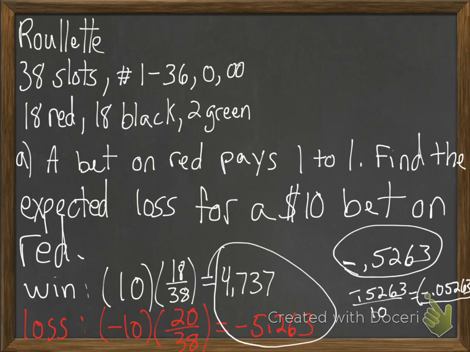That number there is called the edge. They have a 5% advantage on every bet that's built into the game. Roulette actually has one of the highest edges in a casino. But the number we're interested in was just the expected value, and that's this guy right here. The other part is just a little bit of extra information.